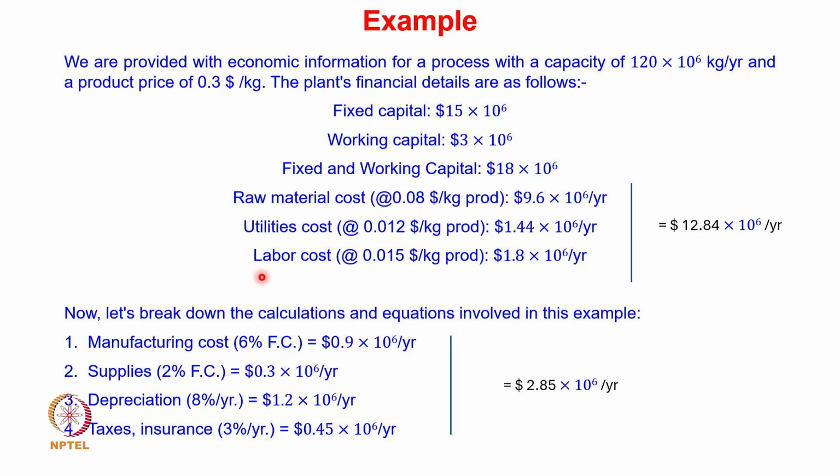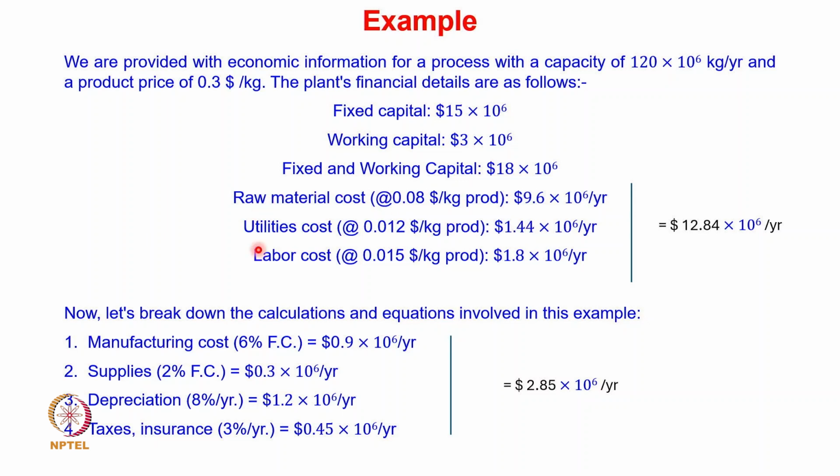Similarly we can calculate the labor cost. The rate given here is 0.015 dollars per kg of production. Again we multiply by 120 x 10^6 and we get 1.8 x 10^6 dollars per year. You can see that these last three items are part of the operating cost, isn't it?